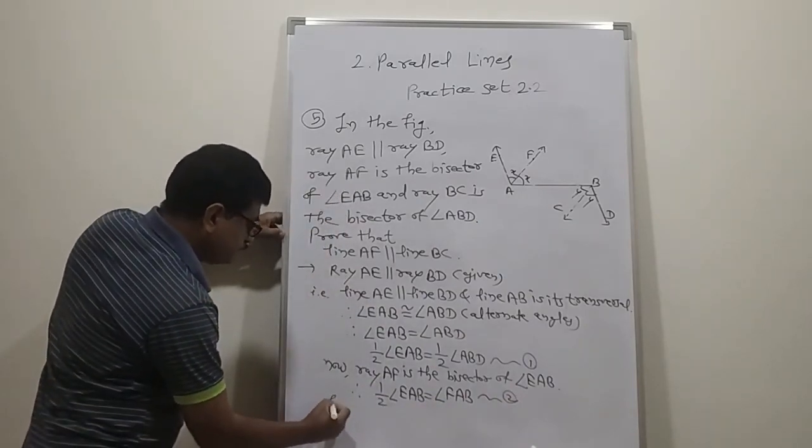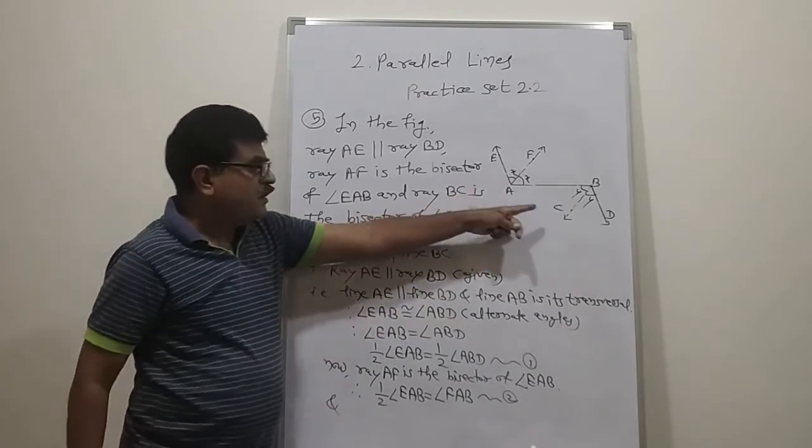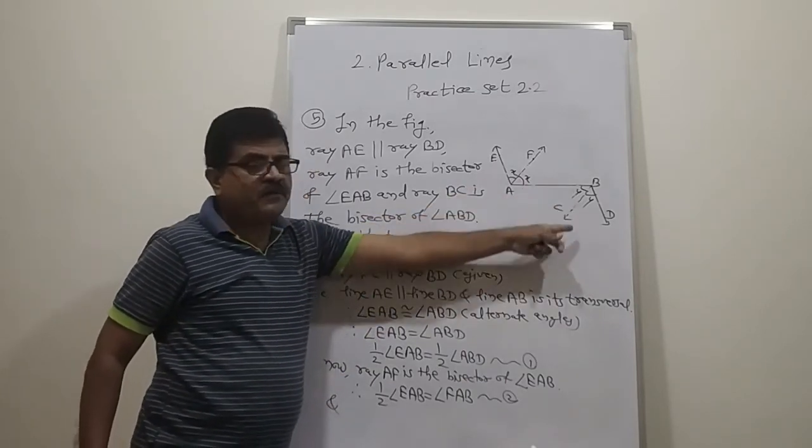And ray BC is the bisector of angle ABD.